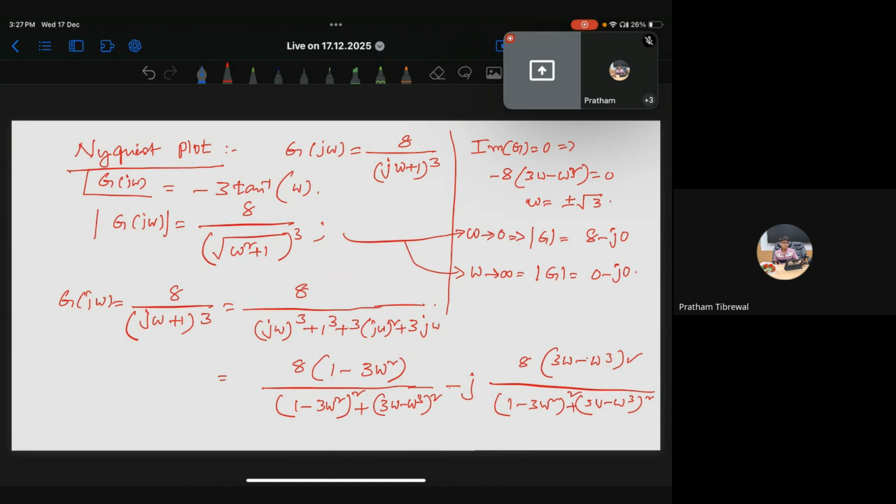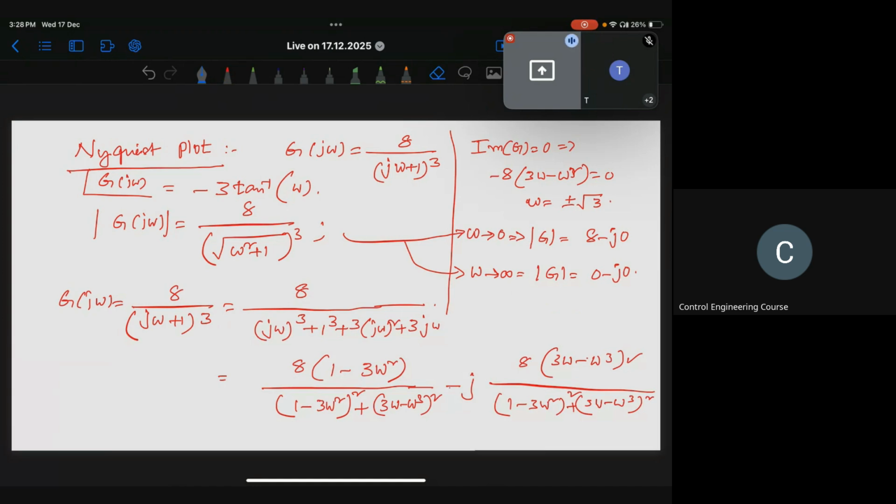If you take the real part of G equal to 0, it will give you the real part of G. This much is enough as of now.